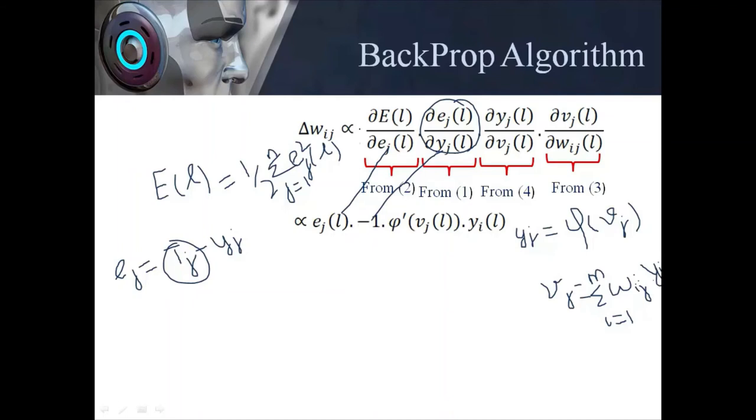So using this value of yj in this third partial derivative, what I will get is this. It will simply return me the derivative of the function Vj.